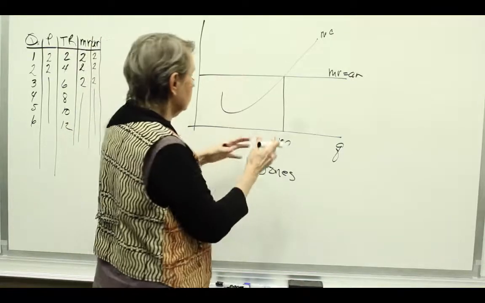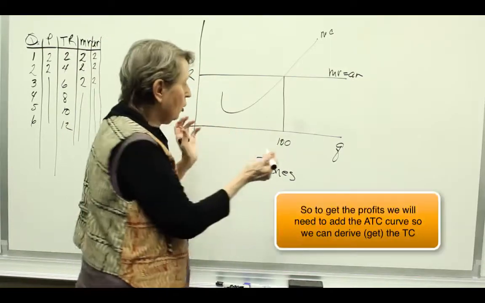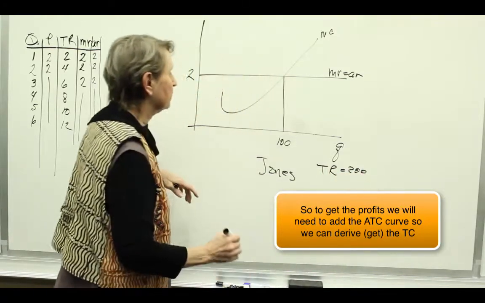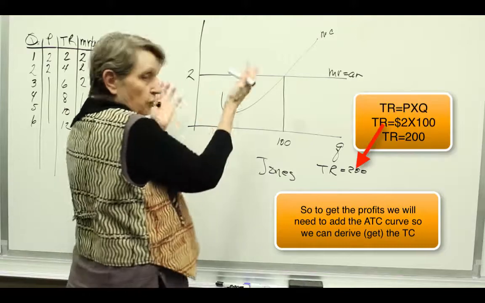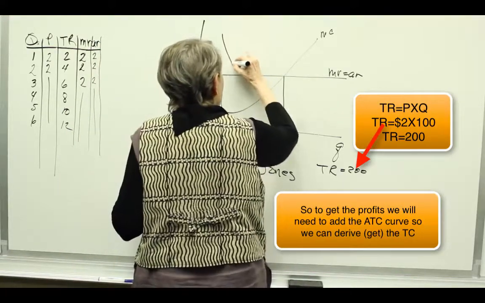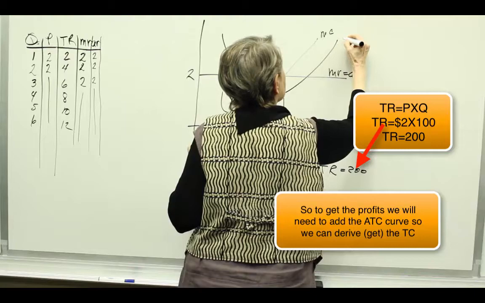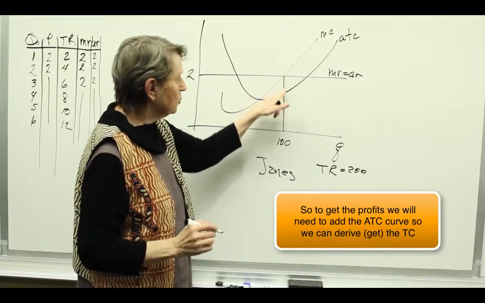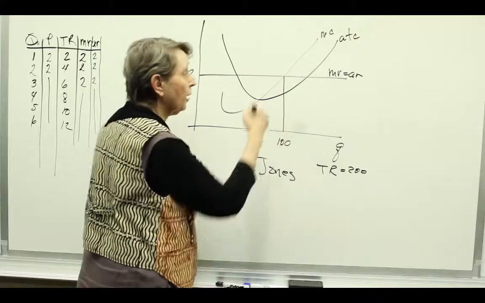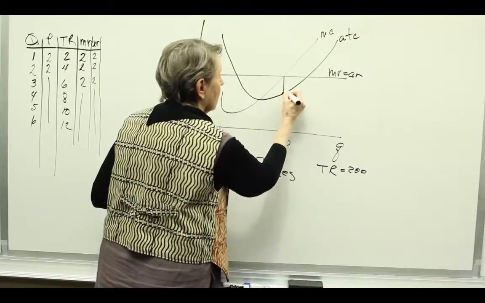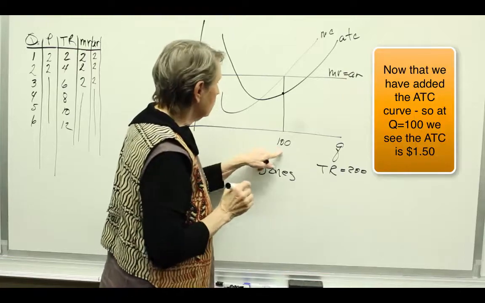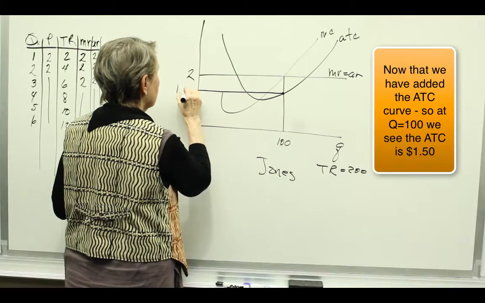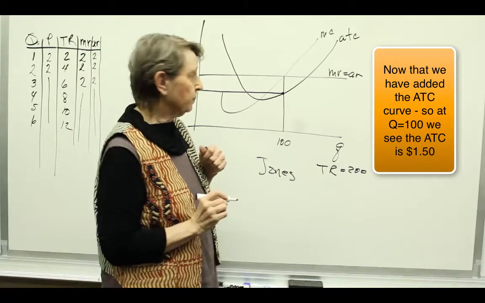Let's just put a number here. And we can't tell what his total costs are. His total revenue is equal to $200. We need an average total cost curve, so let's put one in there. It's a U-shaped thing, average total cost. And you can see that at this optimal output level, which is 100 bushels, on average, each of those bushels cost Jones $1.50 to make.